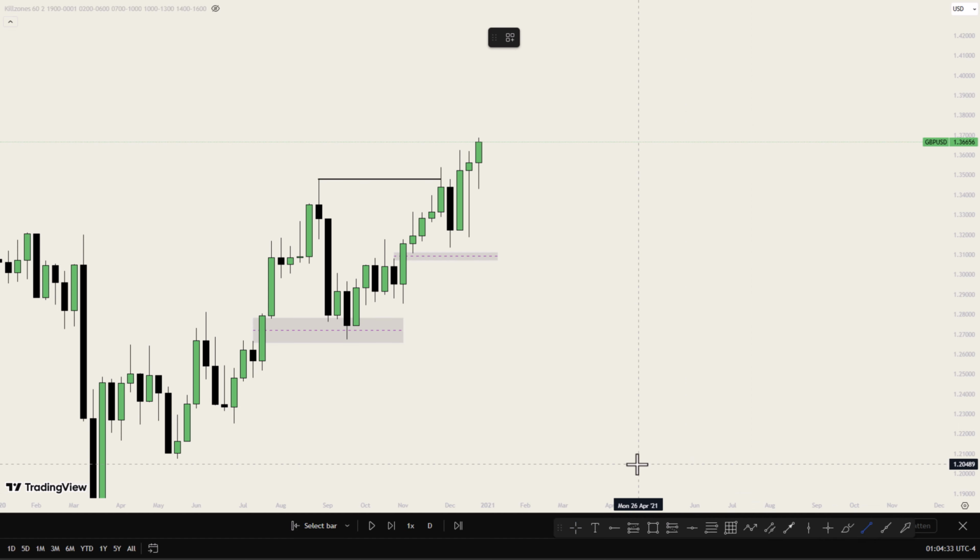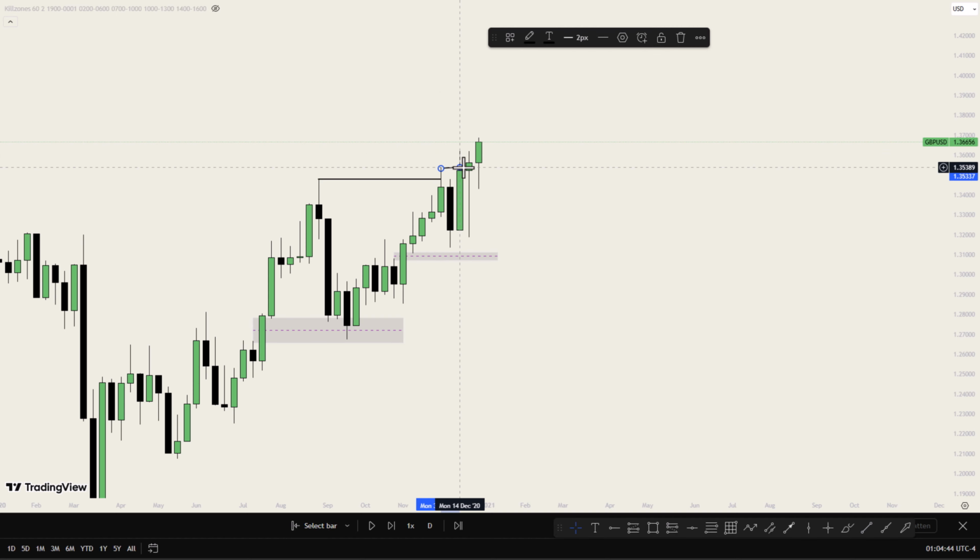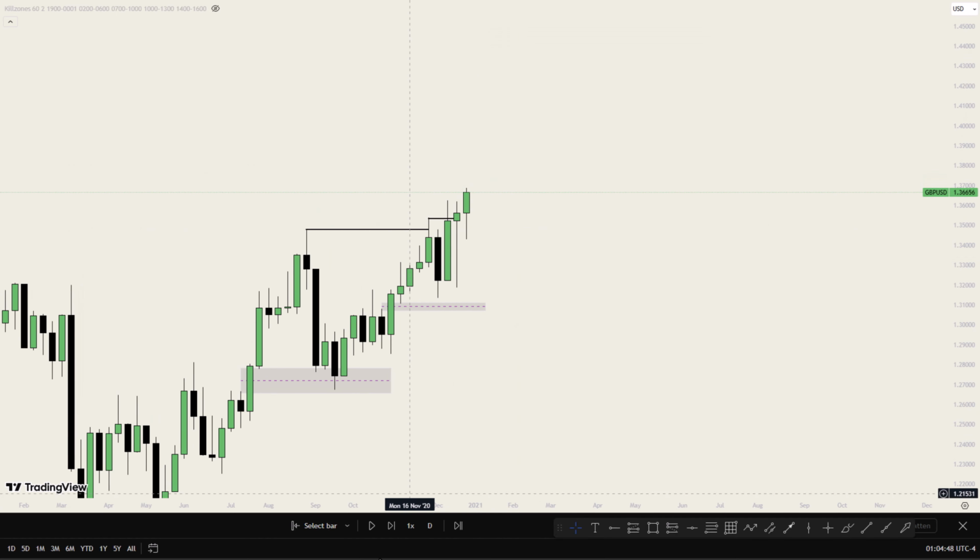What we need to do is to follow what price is doing while trading. So here we see another external range liquidity that was swept at this level, and we don't have internal range liquidity. So what are we going to be doing? We'll be following price action to see whether price will create internal range liquidity.